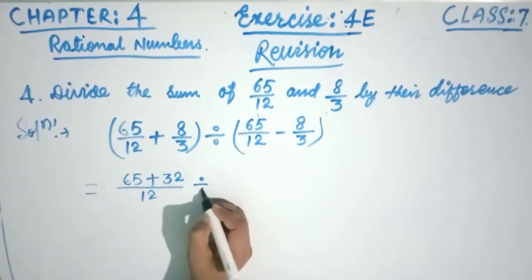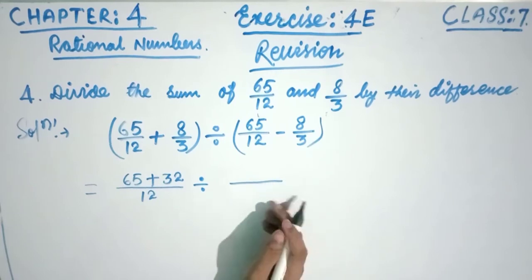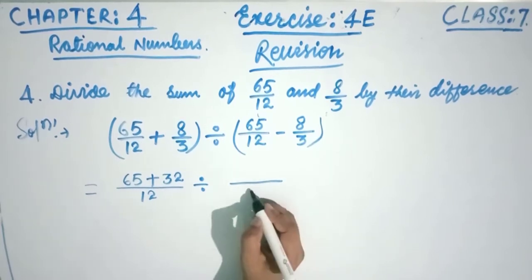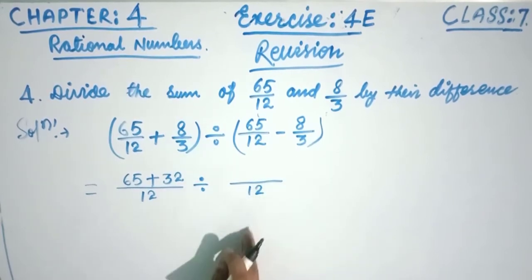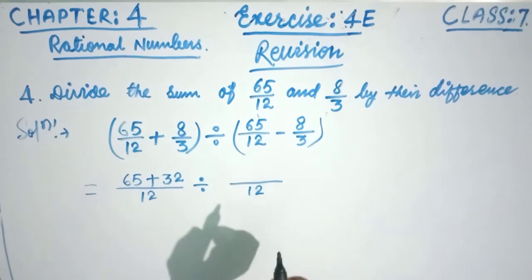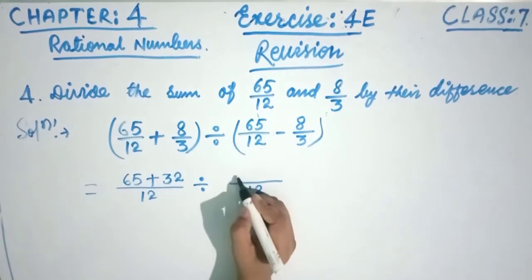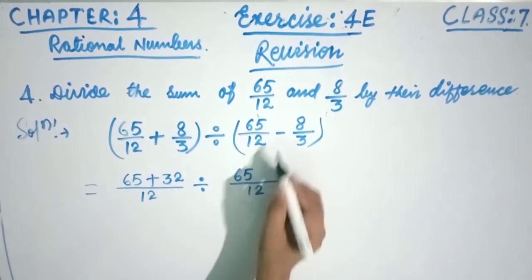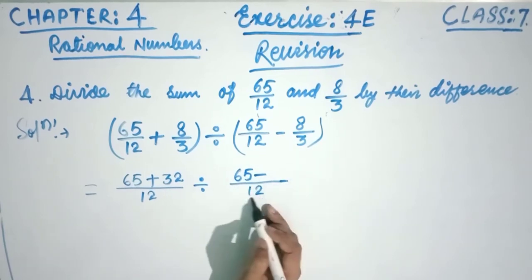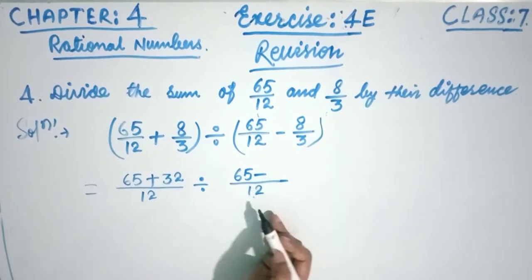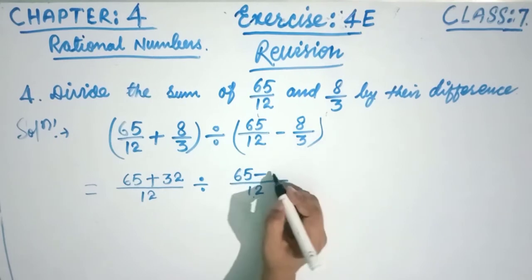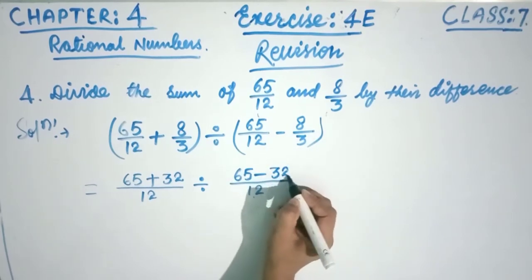Now the division sign here. Solve this sum here, friends, take the LCM, 12 is the LCM. Now divide this 12 by this 12, 1 multiplied by 65, 65, minus, now this 12 is divided by this 3, 3 4s are 12, 4 multiplied by 8, this is 32.